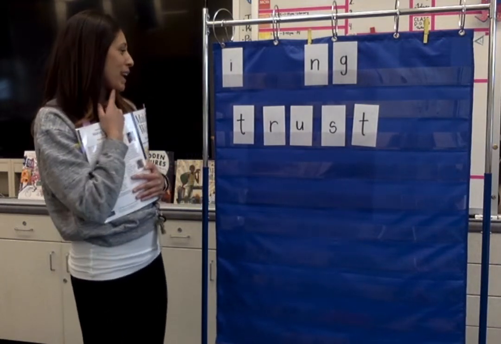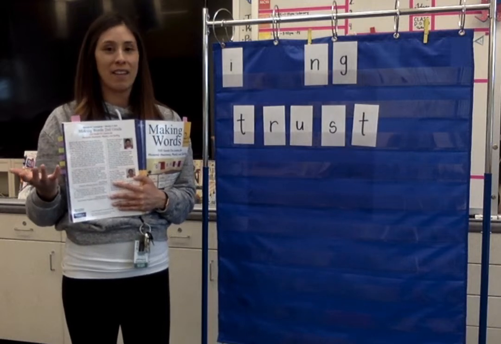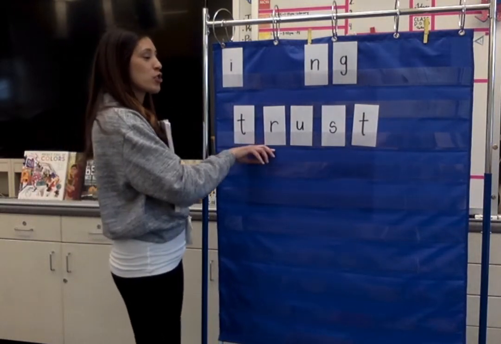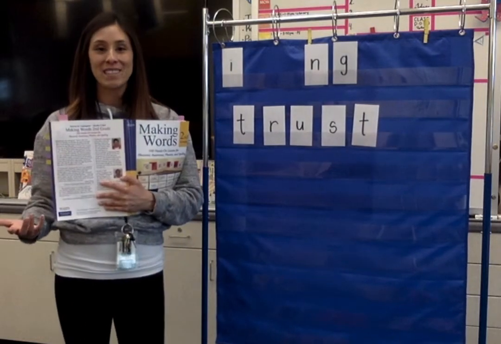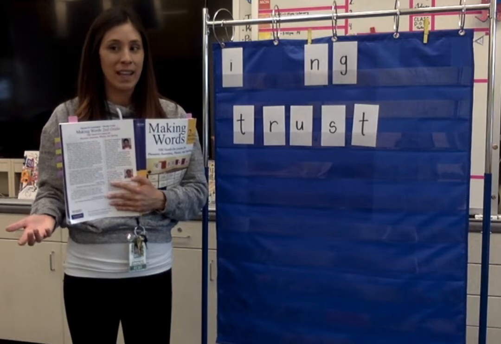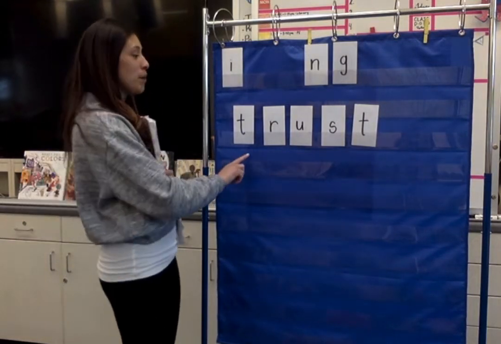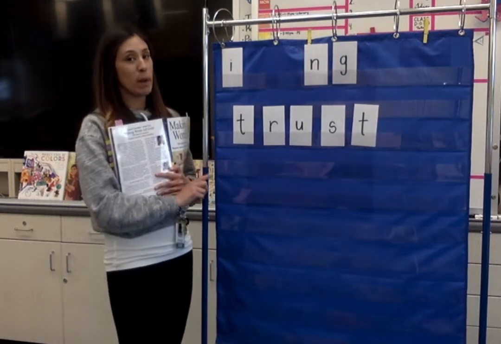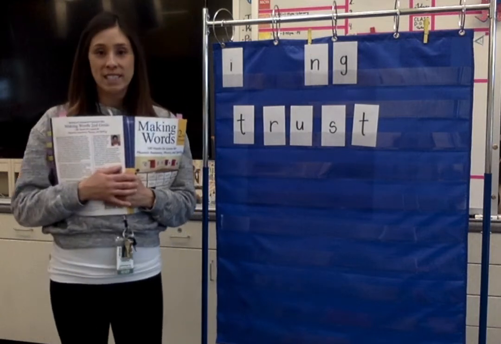tricky because at the beginning of the word trust, what sound do we actually hear? I hear ch, ch, ch, trust. It almost sounds like it should be what two letters at the beginning of the word trust? If you said CH, you're right. It almost sounds like trust should be spelled CHRUST, trust.